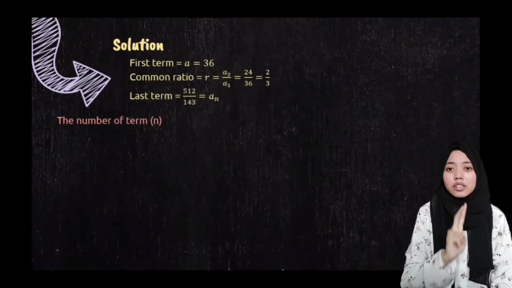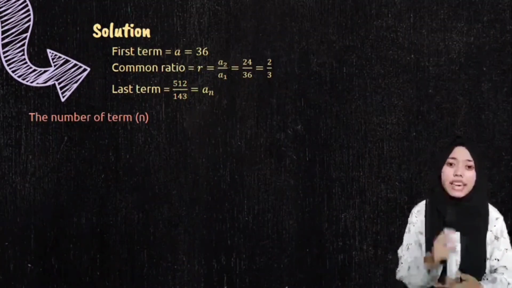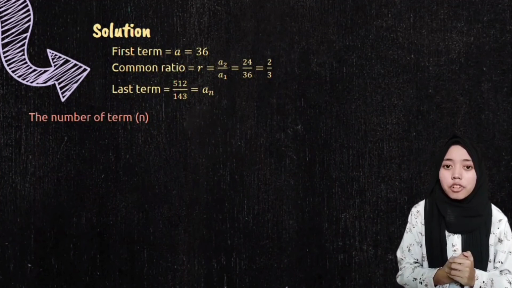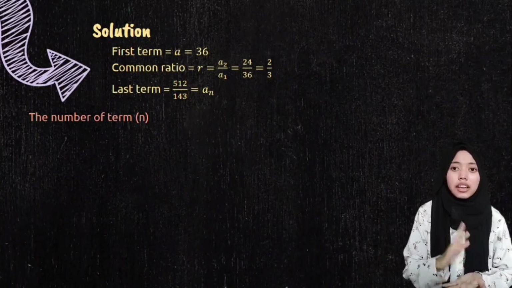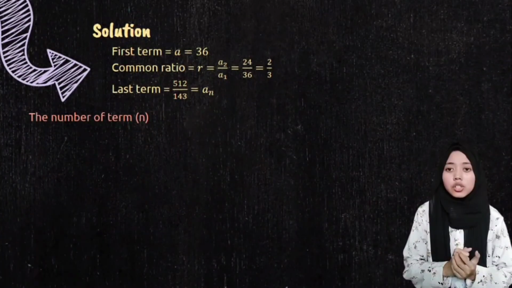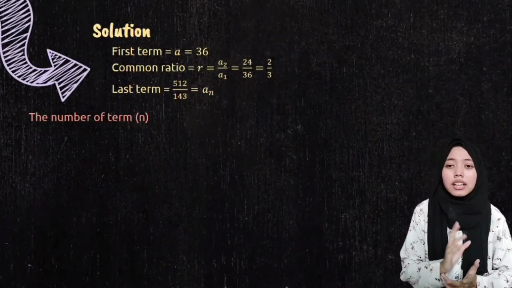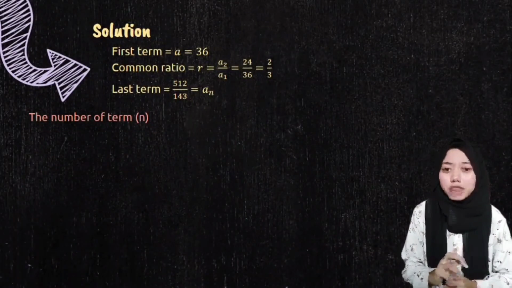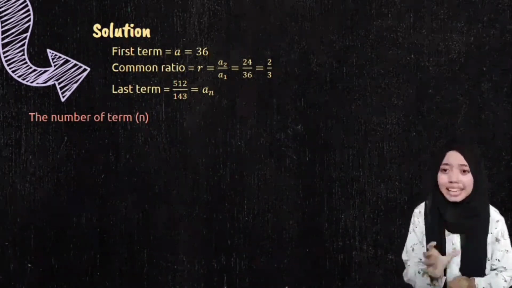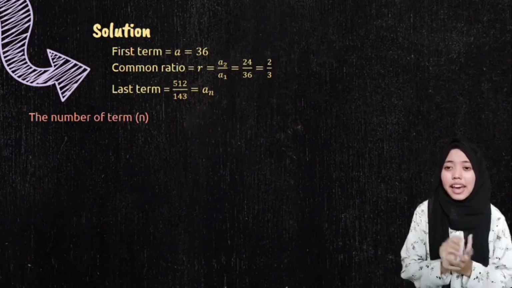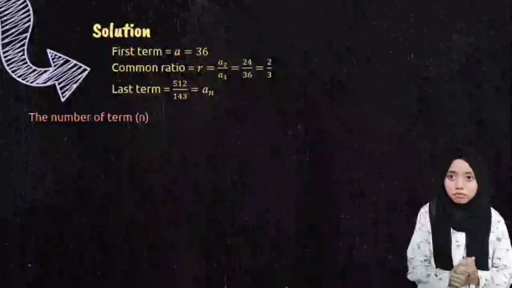And then the second question is about the number of terms, or we call it n. From the question, we know that an is a times r to the power of n minus 1. So an is 512 divided by 143, a is 36 and r is 2 divided by 3.